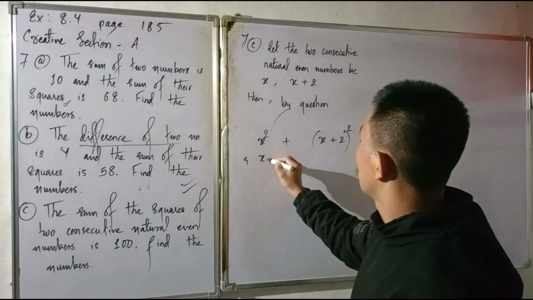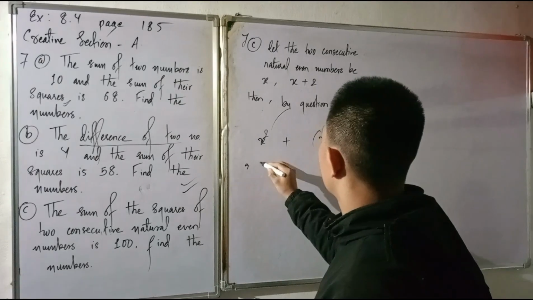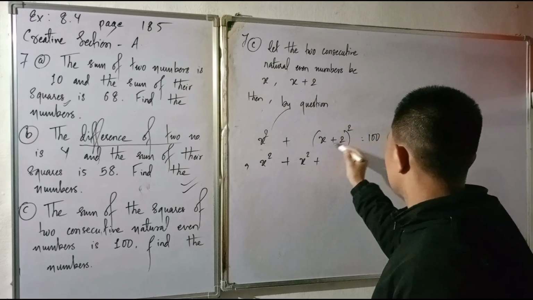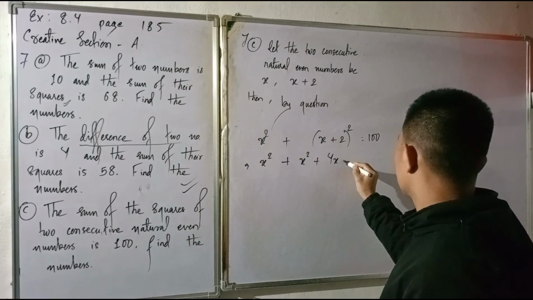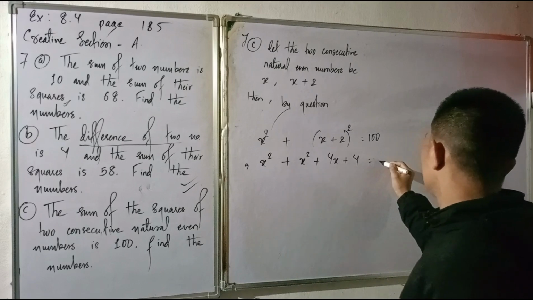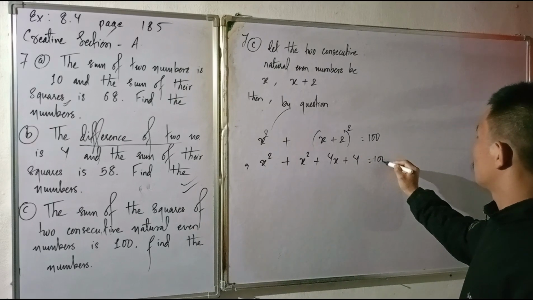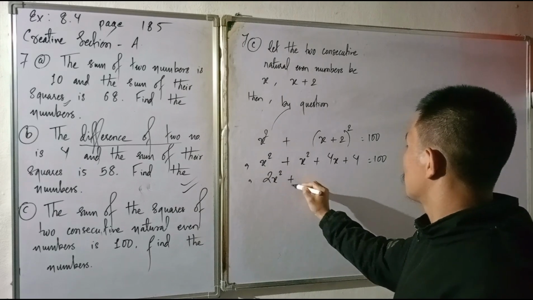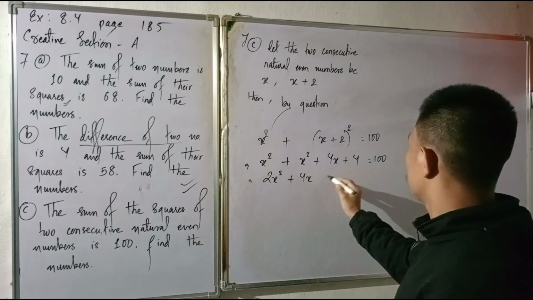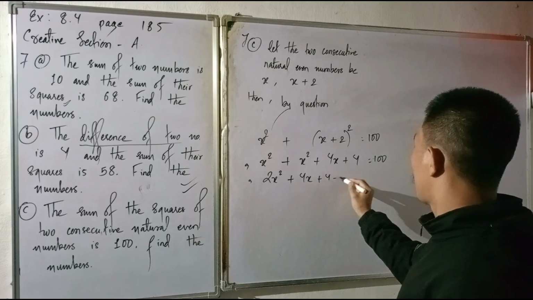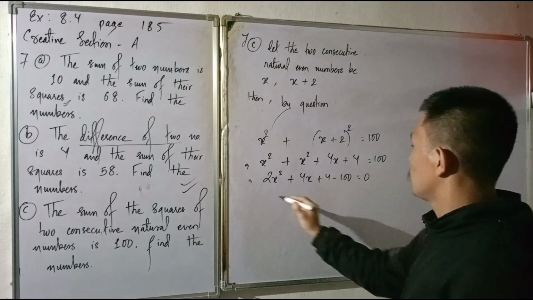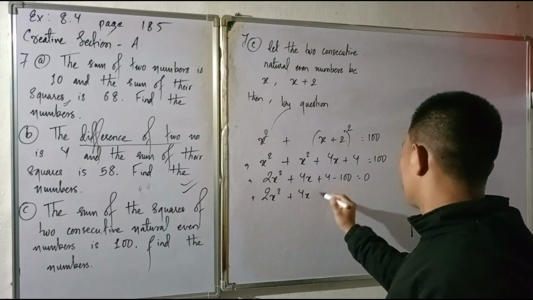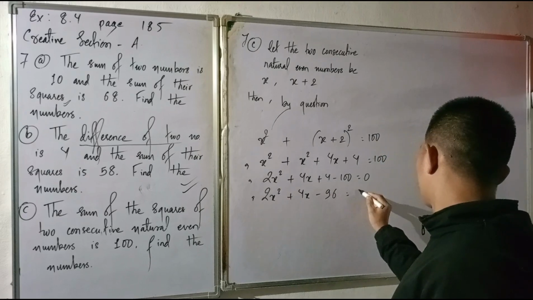Now x squared plus (x plus 2) squared, which becomes x squared plus 4x plus 4, equals 100. Now this becomes 2x squared plus 4x plus 4 minus 100 equals 0, or 2x squared plus 4x minus 96 equals 0.